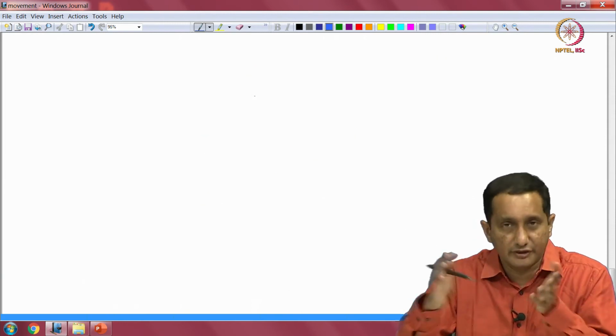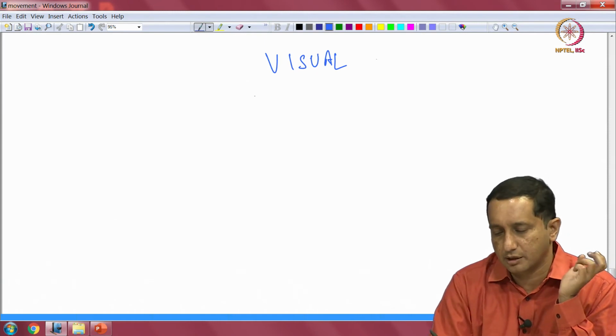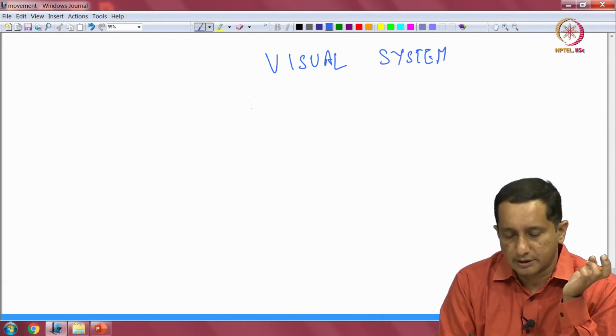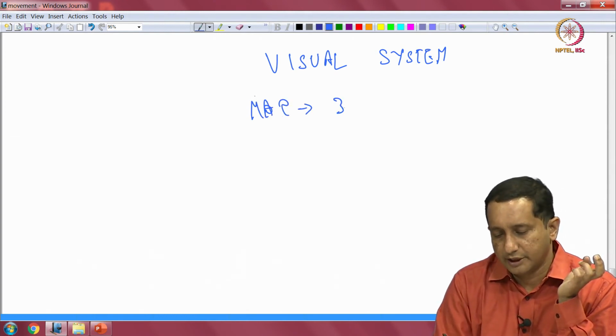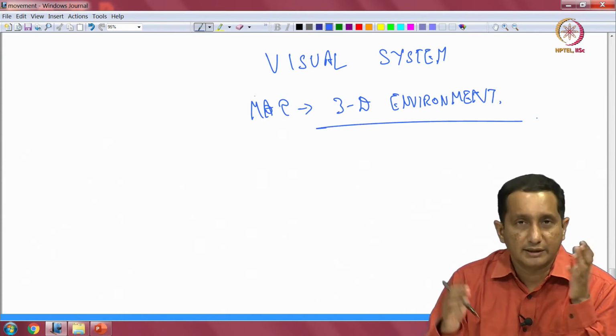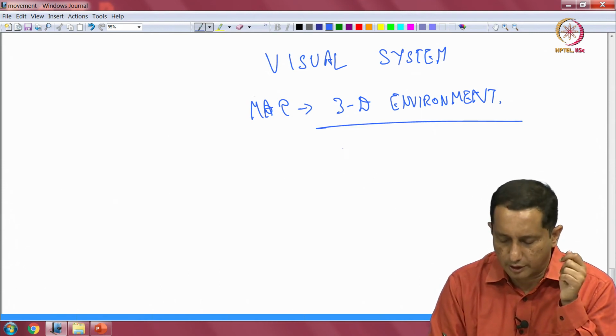Now, in individual classes I have told you that the visual system has a map of the 3D environment. That is a map which is built and stored somewhere within your cortex.